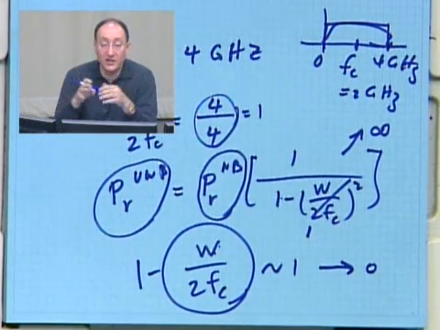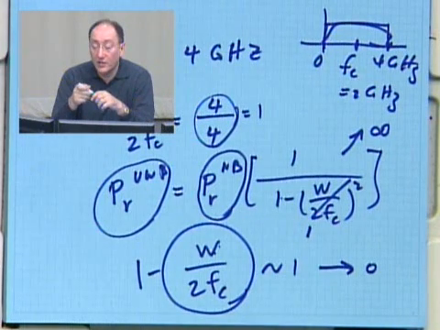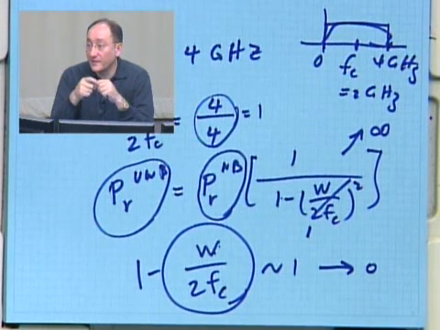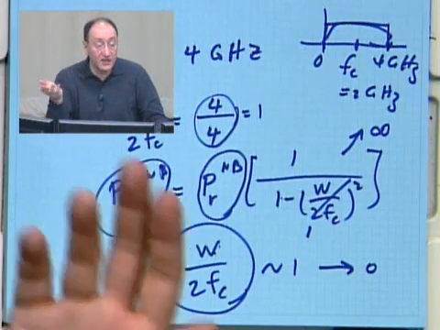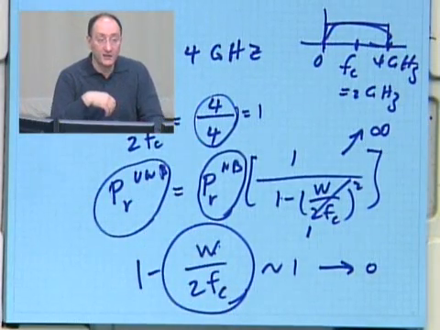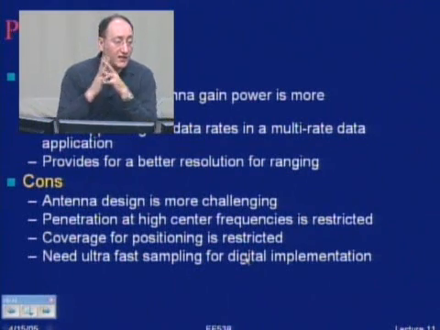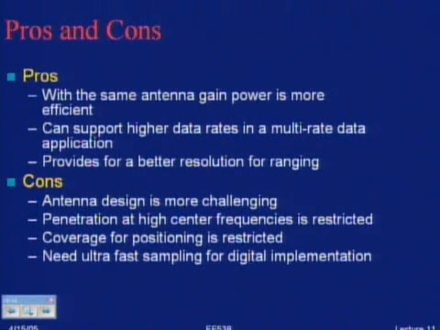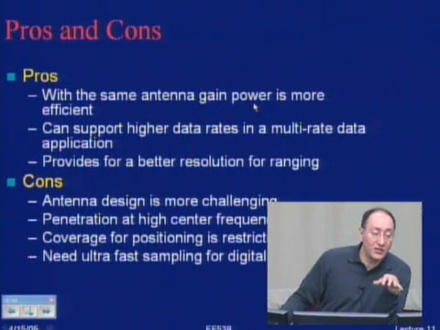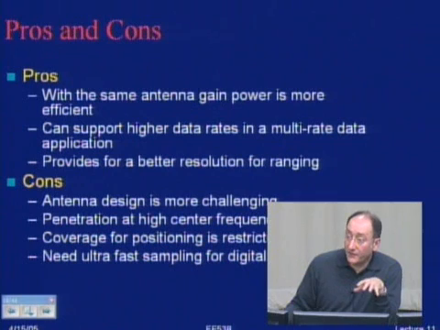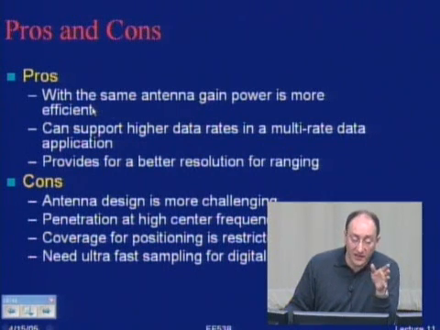So this is one technical good part of ultra-wideband, one incentive to go for ultra-wideband. But like anything else in life, we always have pros and cons. All the calculations that we did assume that we have the same antenna gain for narrowband and wideband. If we have the same antenna gain, ultra-wideband is more efficient. That's one thing that we showed.